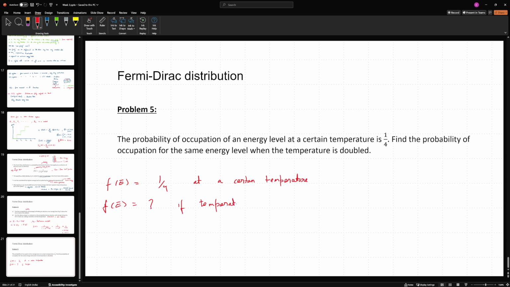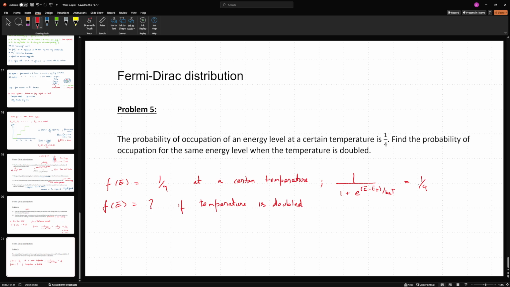This question might look complicated, but actually it is very straightforward. So at a certain temperature, I know 1 divided by 1 plus e to the power (E minus EF) by kBT is equal to 1 by 4.